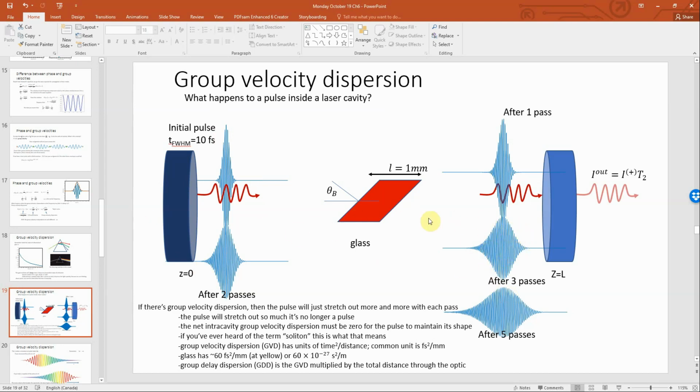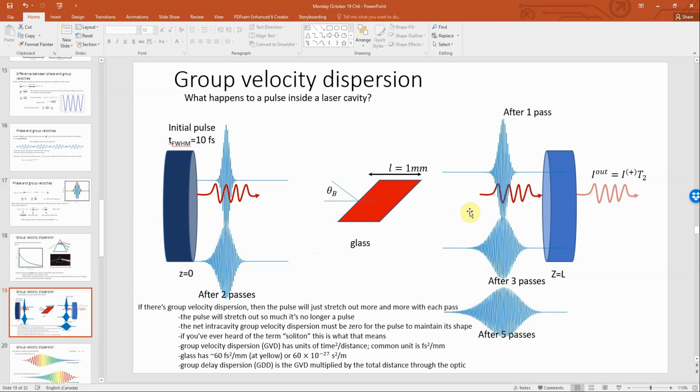And if it bounced back and went through the glass again, then after 5 passes, you can see this pulse has decreased in amplitude and stretched out a fair amount. So if there is a group velocity dispersion within a cavity, the pulse is stretched out more and more with each pass.